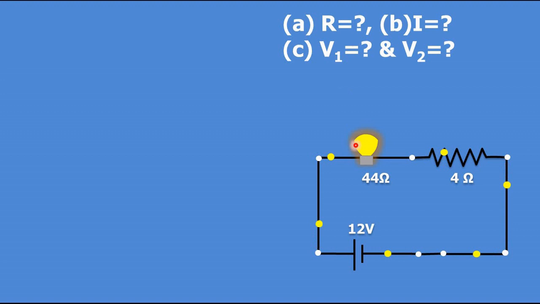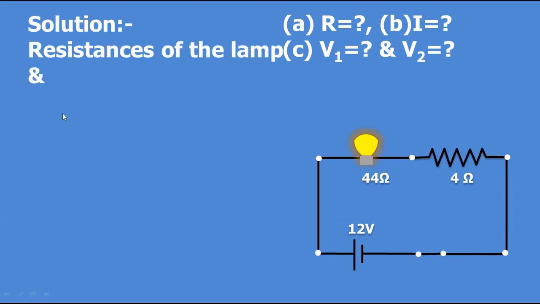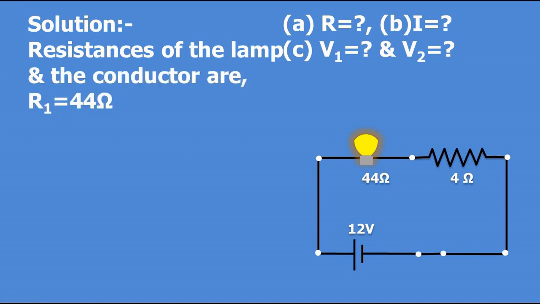V1 is the potential difference across the electric lamp. And V2, V2 is the potential difference across the conductor. Resistance of the lamp and the conductor are given. R1 equal to 44 ohms and R2 equal to 4 ohms.